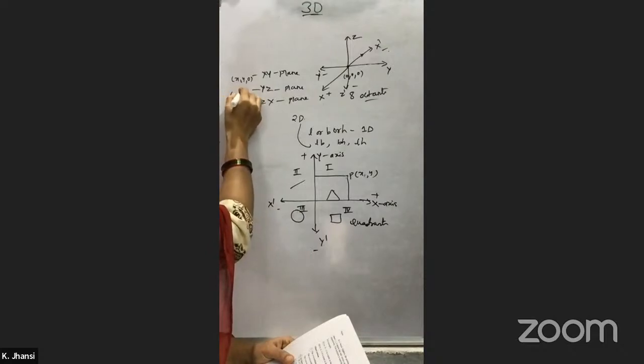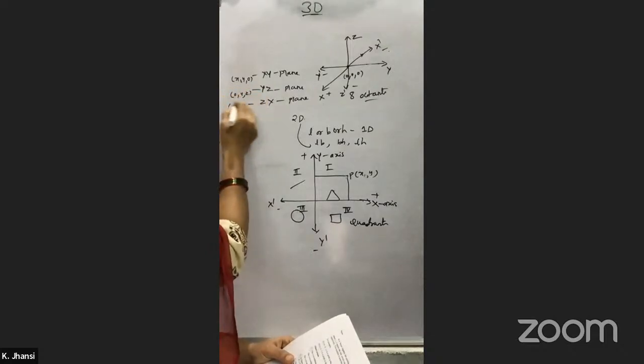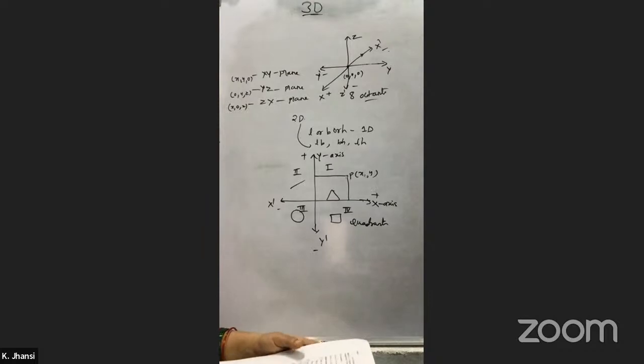YZ means here X is 0, and Y and Z are there. Like this, you will have the coordinates. Here X and Y are 0 and Z you will have. That is given in the observation on page number 6.